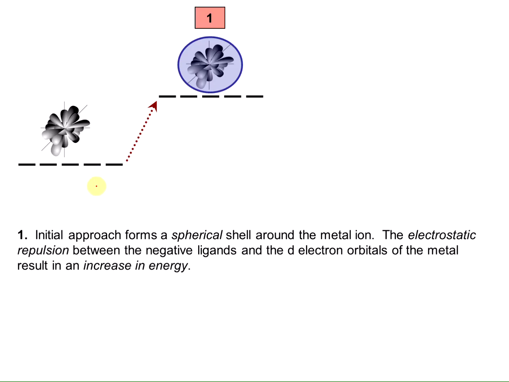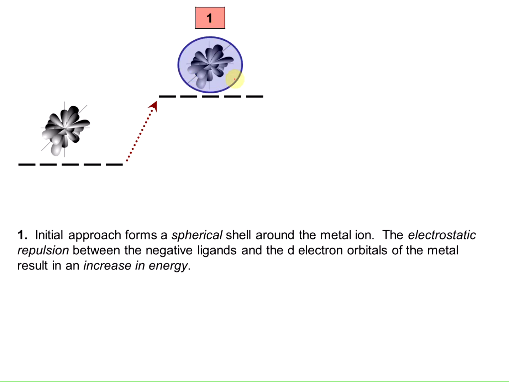So let's just think about a metal ion. The metal ion has the d orbitals, and all those d orbitals are degenerate. But now, as the ligands start to approach, those ligands have electrons, and it creates a negative charge around the metal. So at first, when they're far away, it feels like a spherical effect.